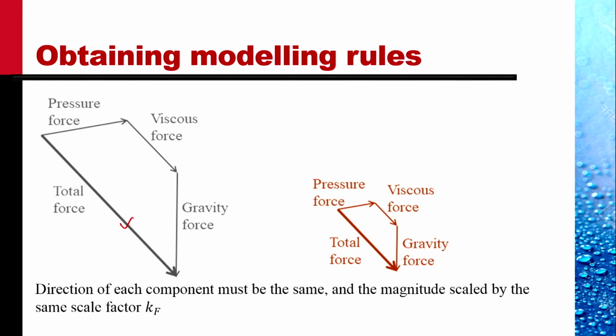The direction of each component must be the same, and the magnitude for each of the component forces should be modeled by the same scale factor Kf. This is the crux of the argument that we use for obtaining modeling rules. So it's not only the total force that must be scaled by a constant scale factor Kf, each component must be scaled by the same scale factor Kf.